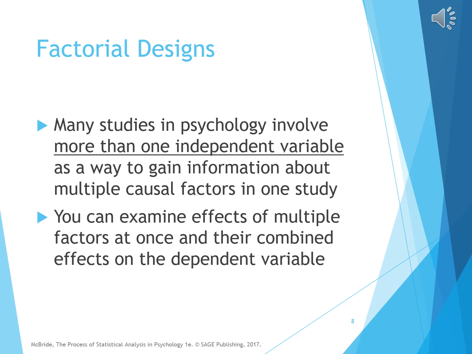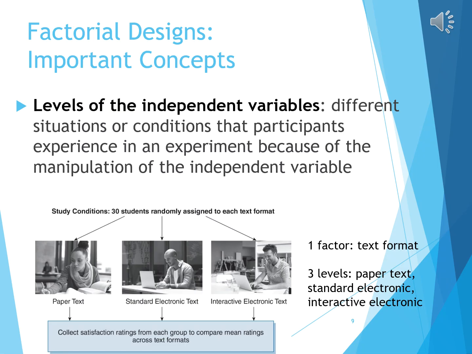You can also examine the effects of more than one variable when their combined effects together are going to be influencing the outcome. And we'll talk more about that in this chapter. So just a refresher from last chapter on one-way ANOVA, we're talking about levels of independent variables.